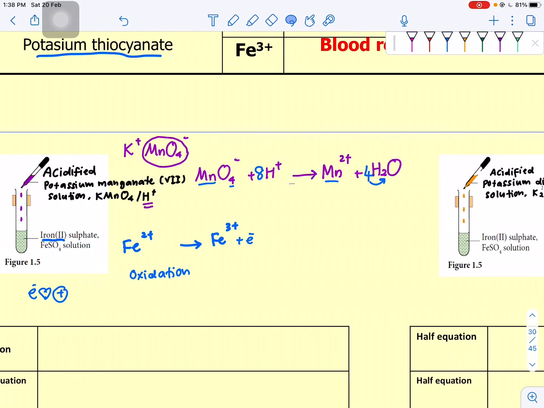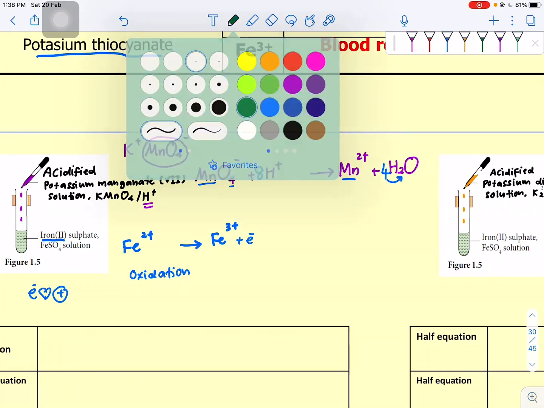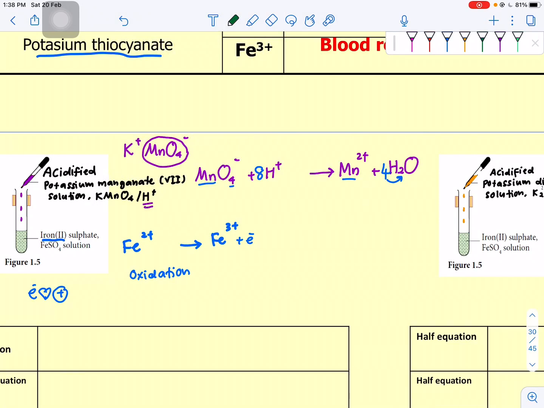Now it's time untuk balancekan the charge. How to balance the charge? So kita kena tengok MnO4 negatif, ini adalah negatif 1. Plus with this one adalah positif 8. Ini belah kiri. Belah kanan kita ada positif 2 plus with 4 times 0 is 0.